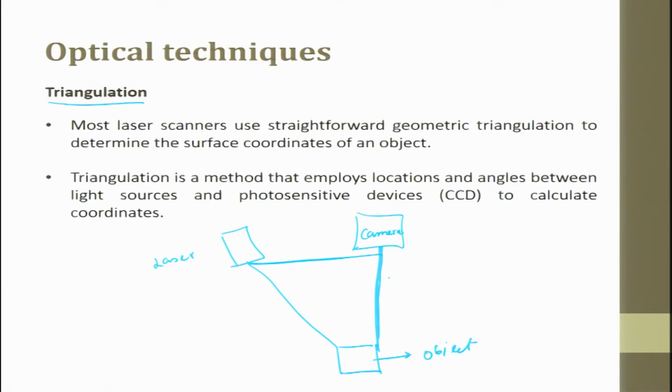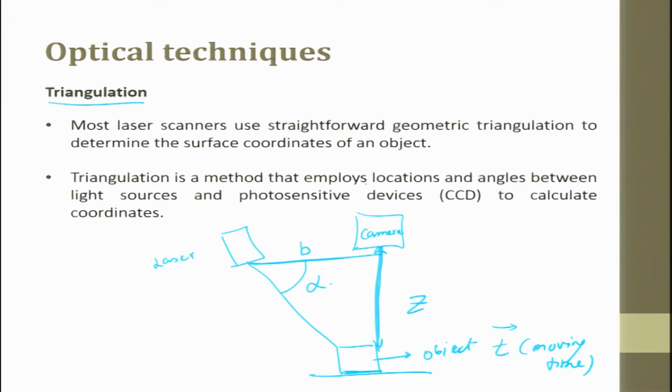So, this line is the height Z. The distance between these is b, and this angle is alpha, and this object is moving at a speed of t vector, or acceleration, whatever it is.